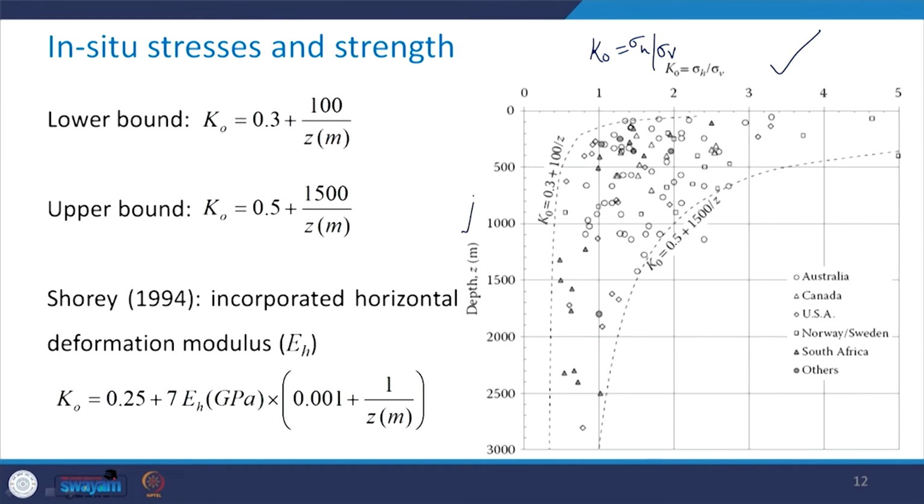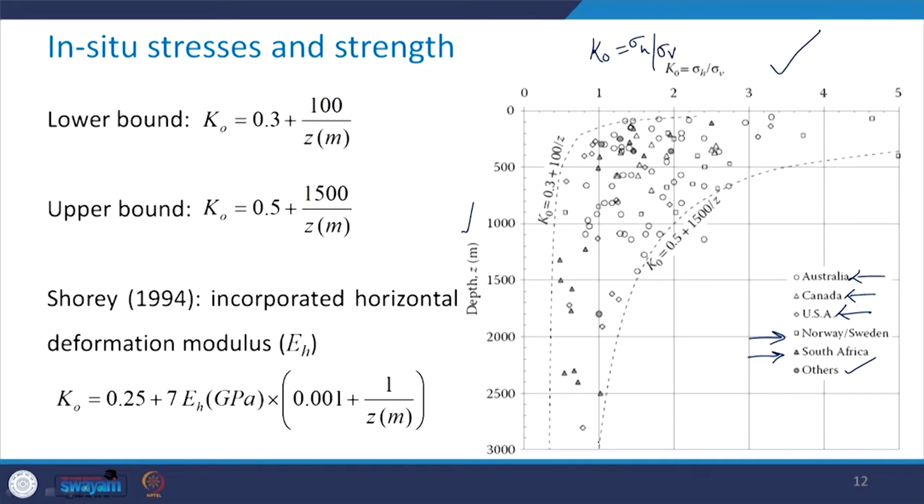These countries from where the data has been taken are Australia, Canada, US, Norway or Sweden and South Africa, and there are other countries also. And then two bounds have been drawn on this data.